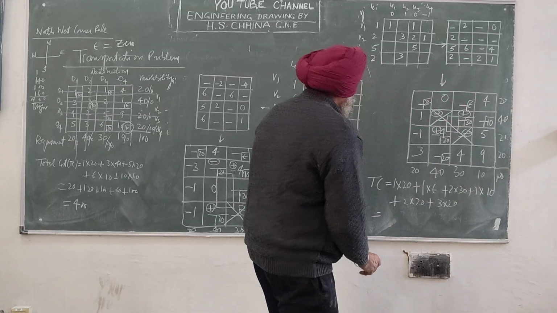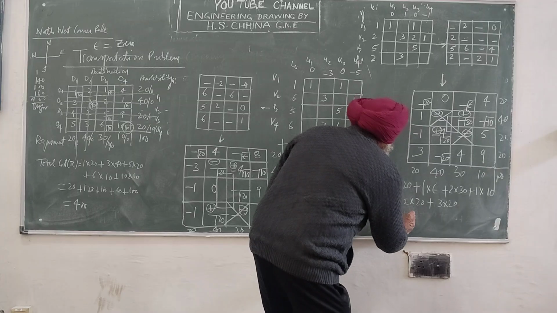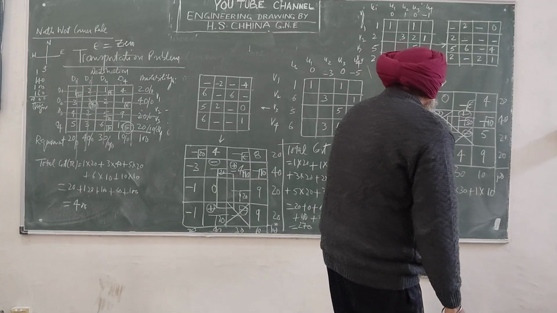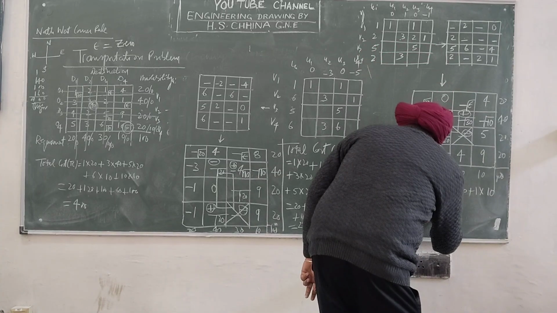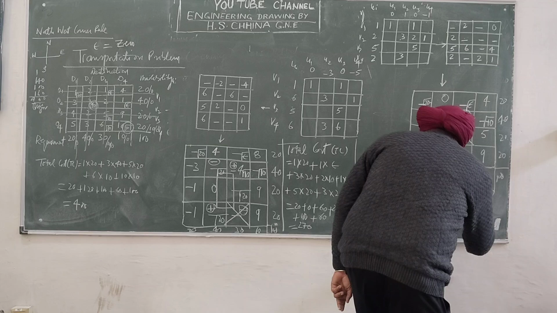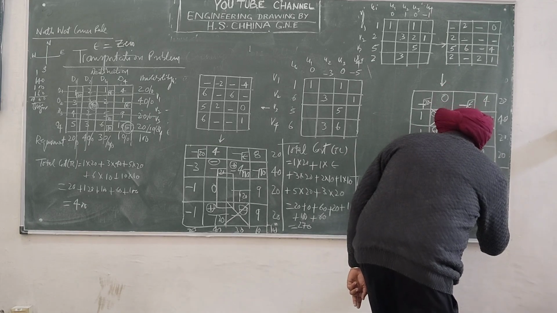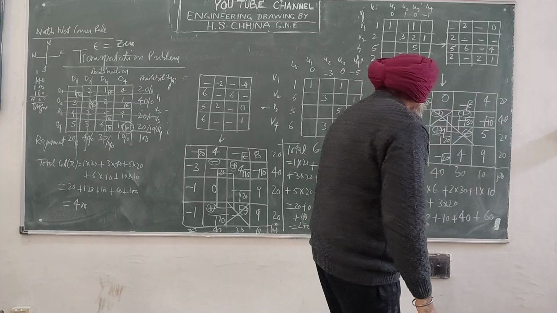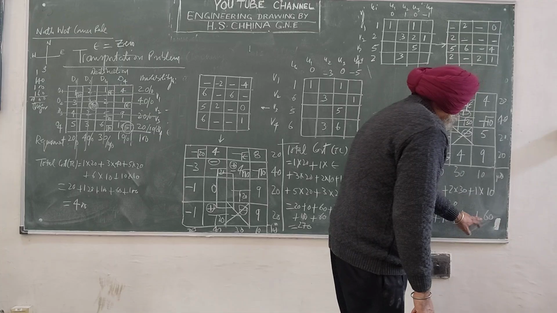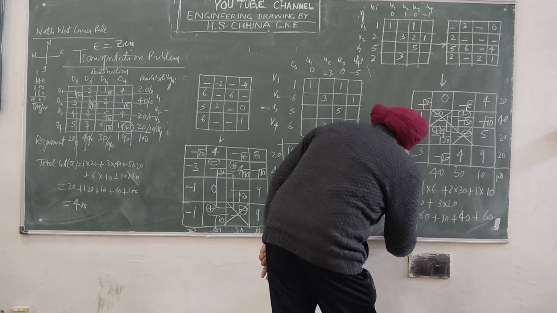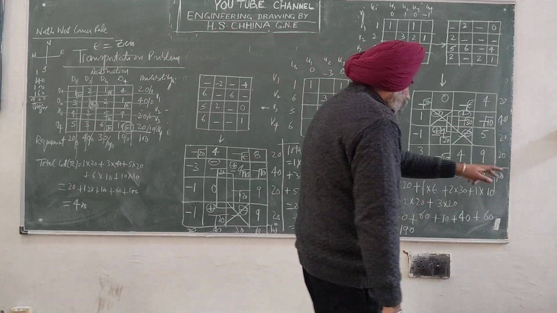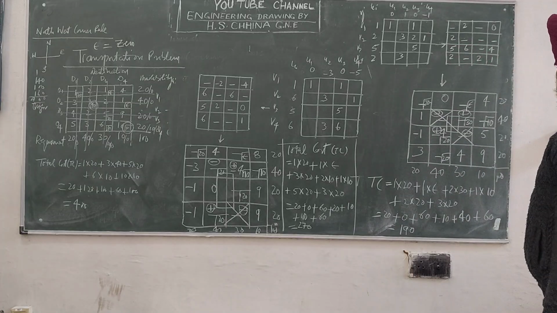Now here, this is the value. 20 plus 0 plus 1, 2, 3, 4, 5, 6. This is 20, 0 plus 60 plus 10 plus 40 plus 60. What is the value? This is 80, 90 plus 40. 90 plus 40, 130 plus 90. This is 190. We are able to reduce from 270 to 190. Is it okay so far?